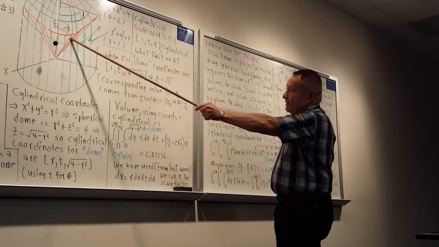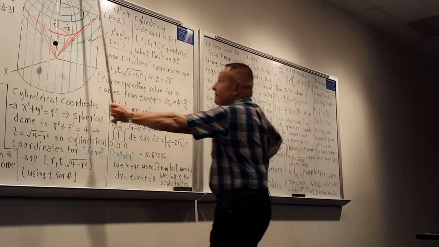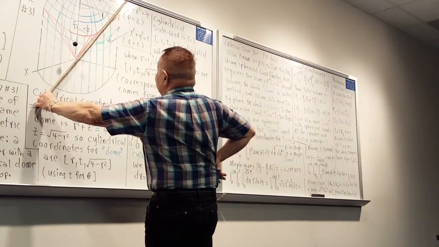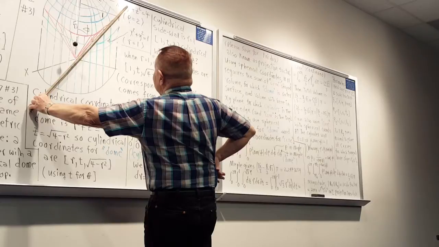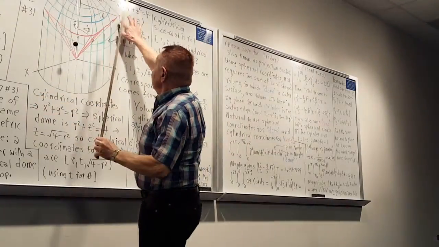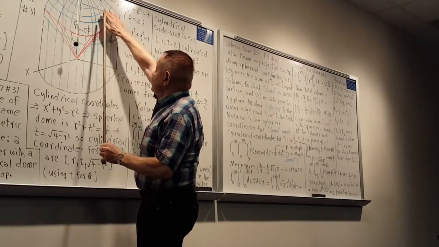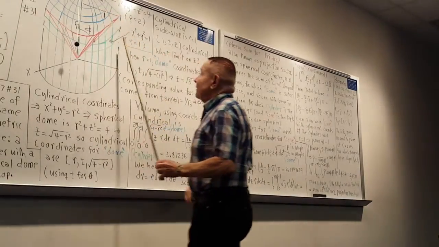Your angle phi is in here between the z-axis and this line that goes from the center out to the curve where the cylinder sidewall meets the top.